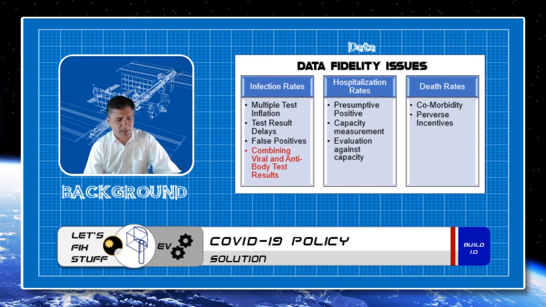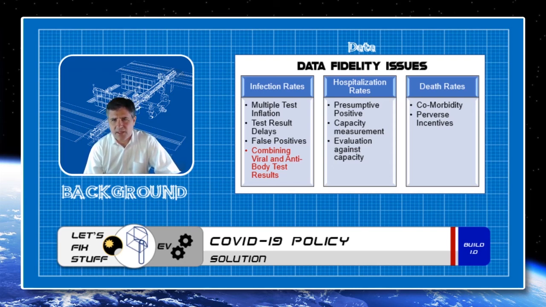And then something else that led to the CDC having its data tracking responsibilities moved over to the FDA is that it was determined that some were combining viral and antibody test results together, which is a no-no. They're supposed to be separate, and we'll get into the testing approaches in just a little bit.